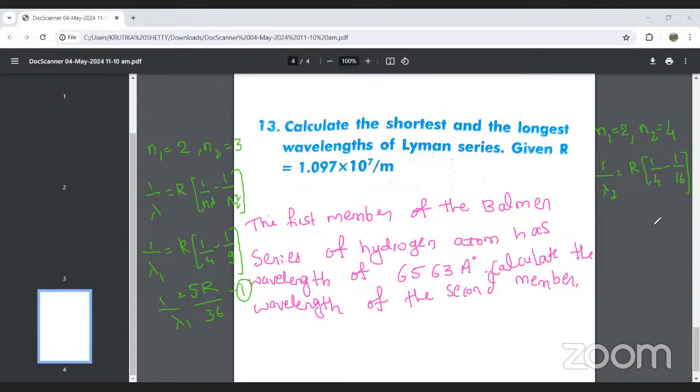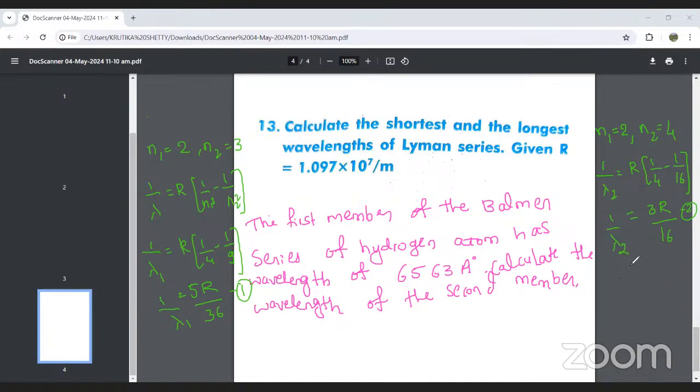So 1 by 4 minus 1 by 16 becomes 3R divided by 16, that is 1 upon lambda 2. This is equation 2. What are they asking? The wavelength of the second member. So lambda 2 we require.